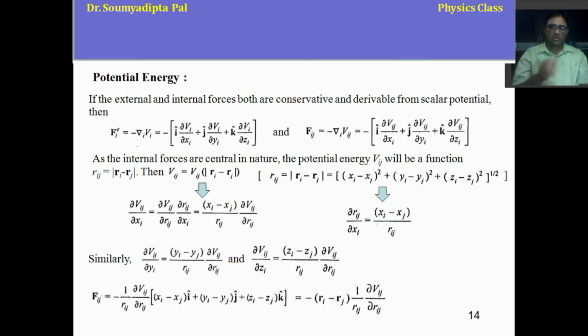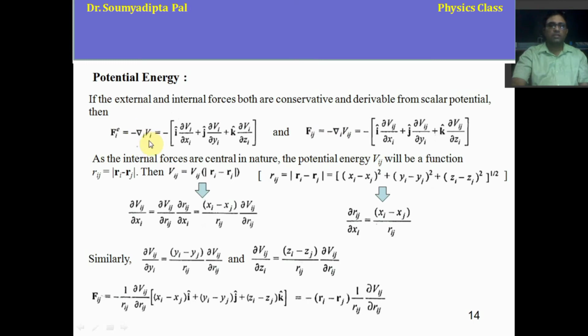Here it is a little bit difficult to understand, but if you see, it is not so difficult. Let's see. As I told in the last class, when we talked about the single particle case, when we talk about potential energy, and if we want to measure it from the force, that force has to be conservative, you know that. And here the external force and internal force both are conservative, we have to consider. So this is for external force and this is for internal force, right?